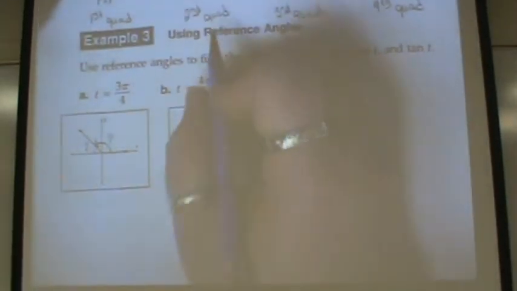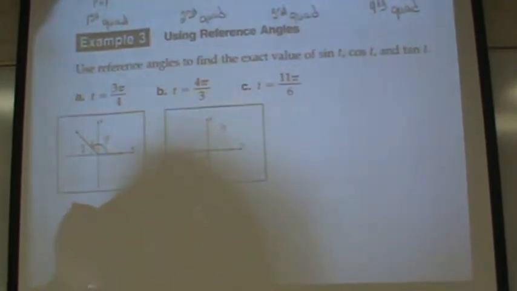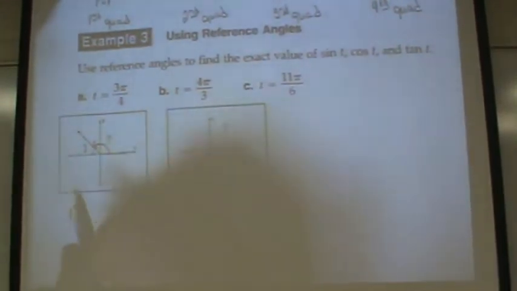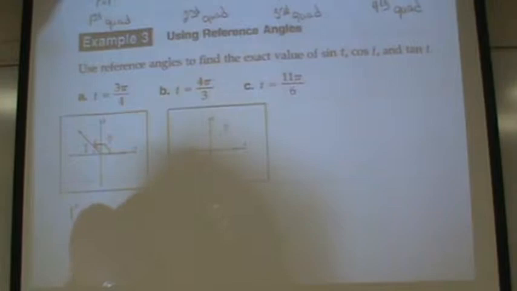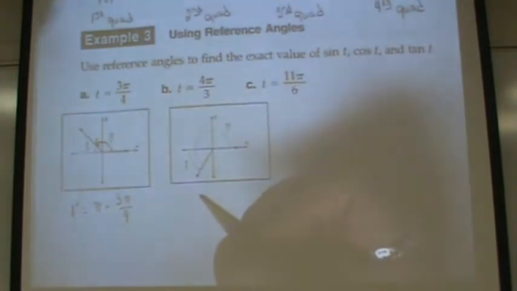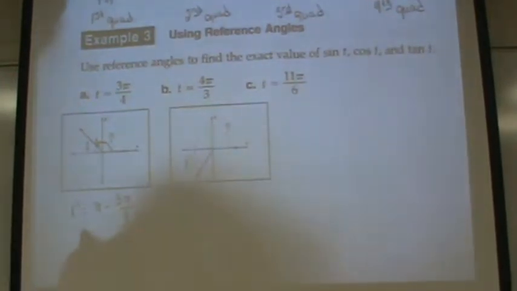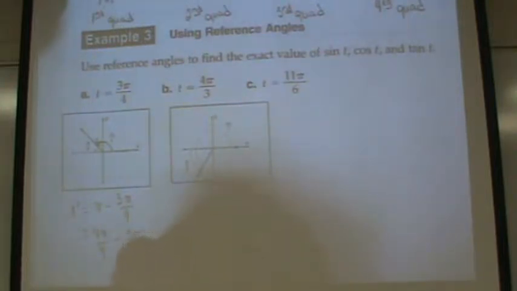So we're going to take T prime, or our reference angle, equals pi minus 3 pi over 4. So we're going to get 4 pi over 4, when we get a common denominator, minus 3 pi over 4. So you end up getting pi over 4.